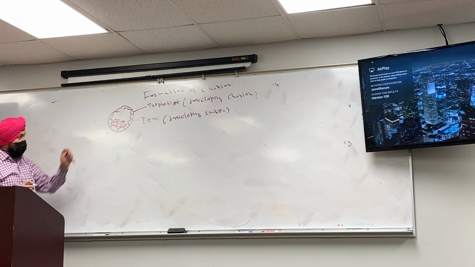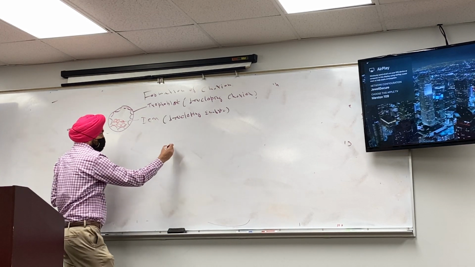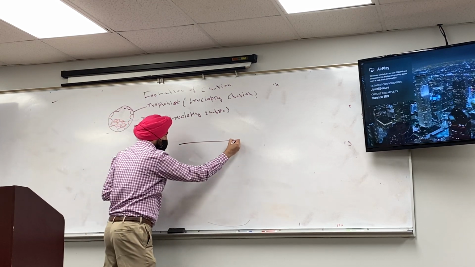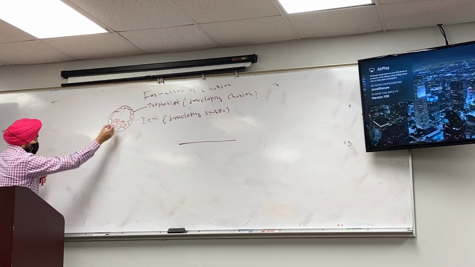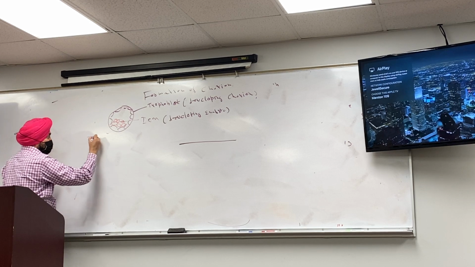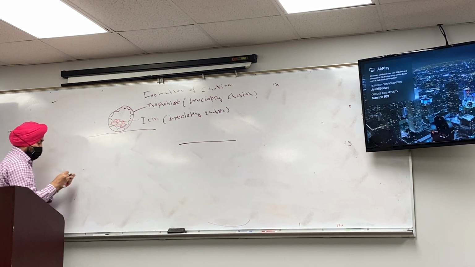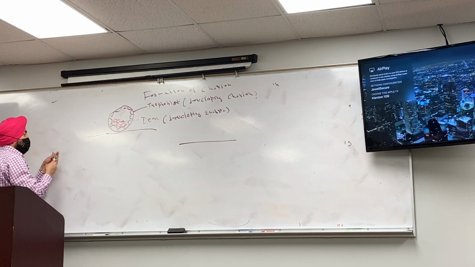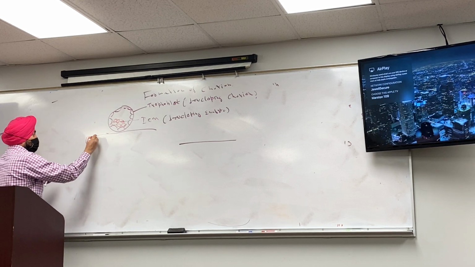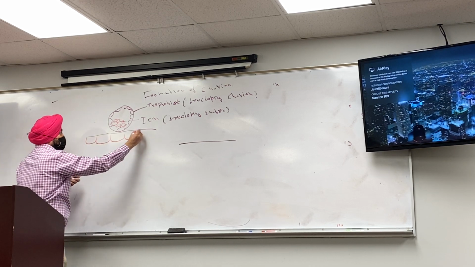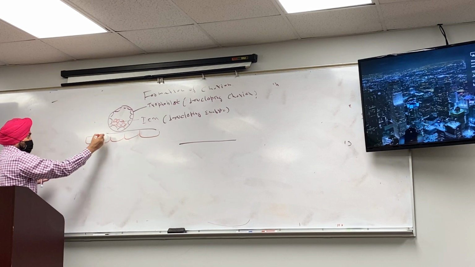So this is critical. How does this happen? Let's talk about where these trophoblast cells are. Let me draw right here. Right here, this is your endometrium.